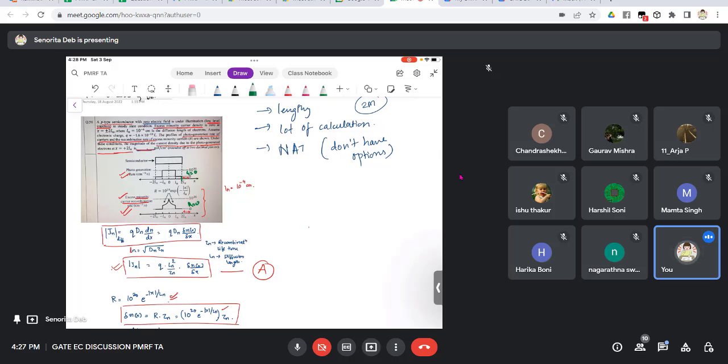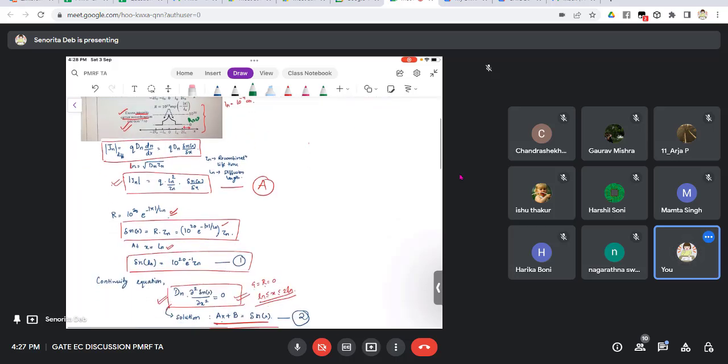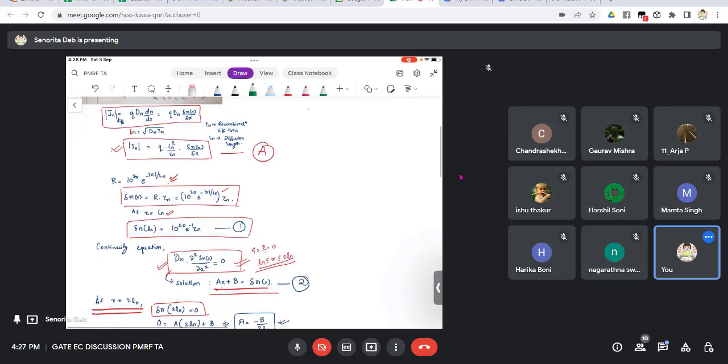Let me know once you have understood this problem. Then I'll start with the JFET.